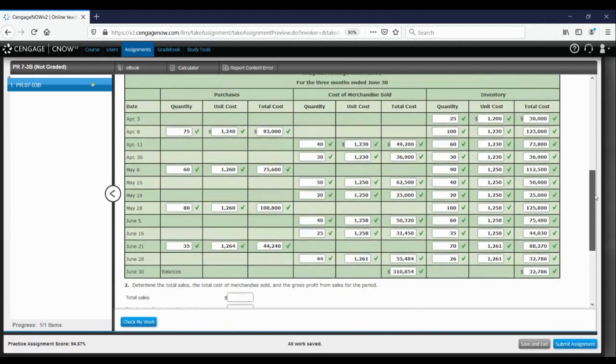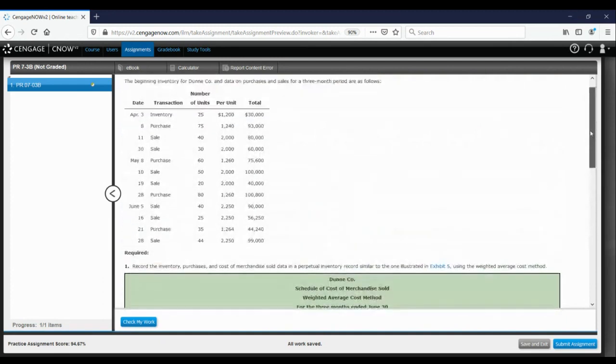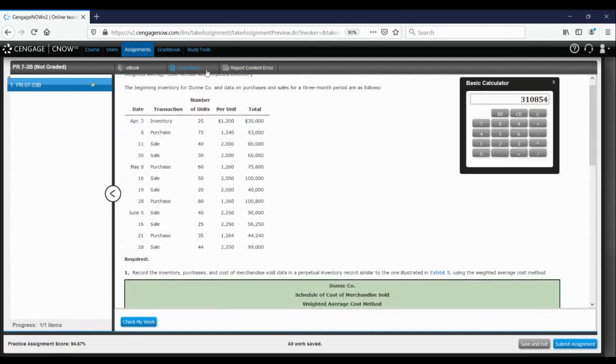So in the next transaction, they want you to determine the total sales. We'll have to go back up to the information that they gave us. We start with our sales on April the 11th, which was 80,000. We're going to add the sale on April the 30th, which was 60,000. We're going to add the sale on May the 10th, which was 100,000.